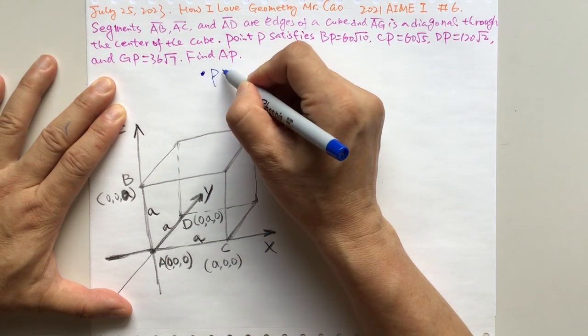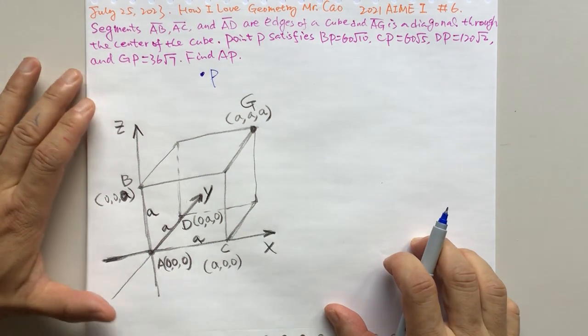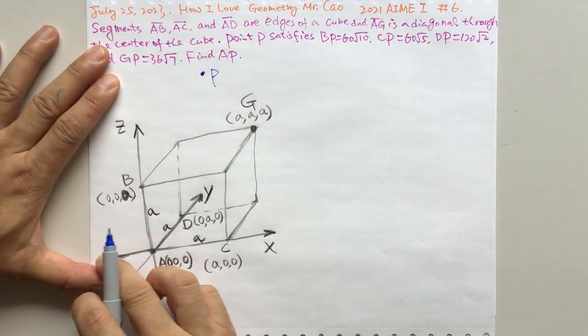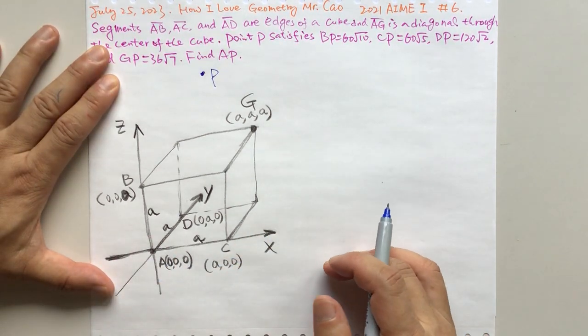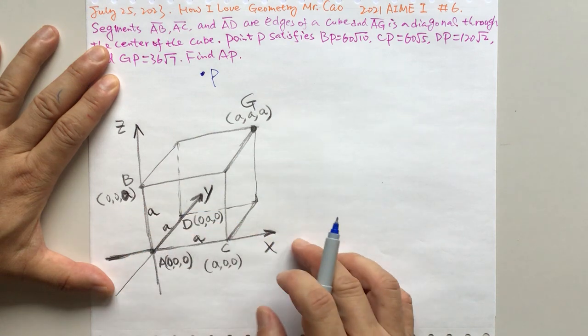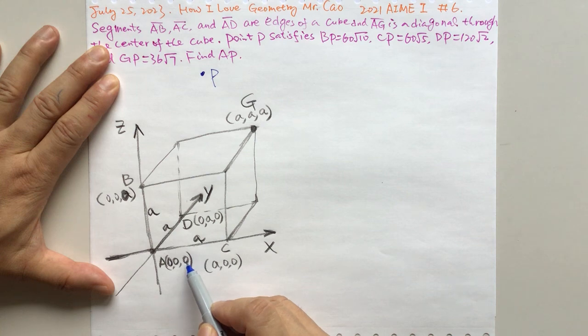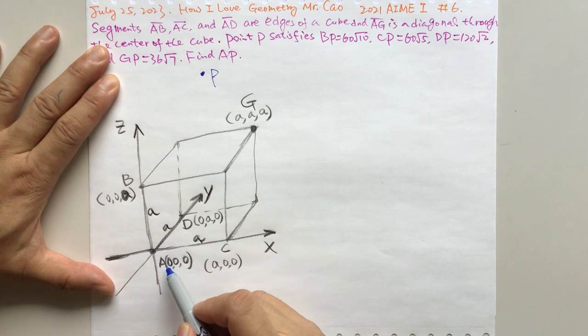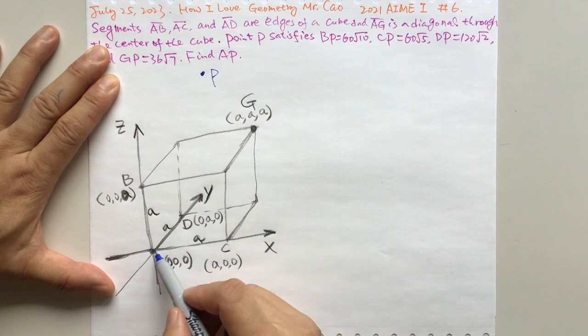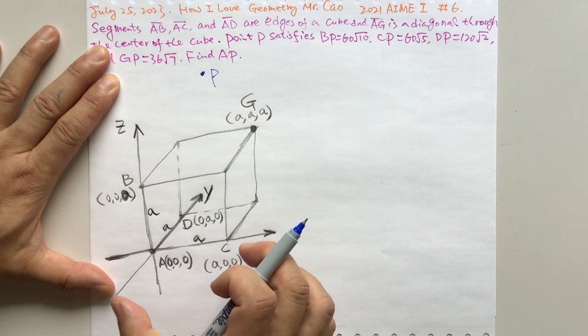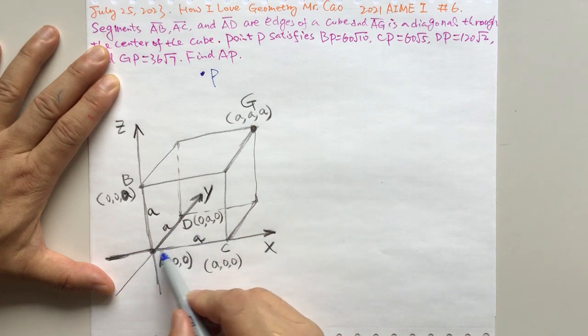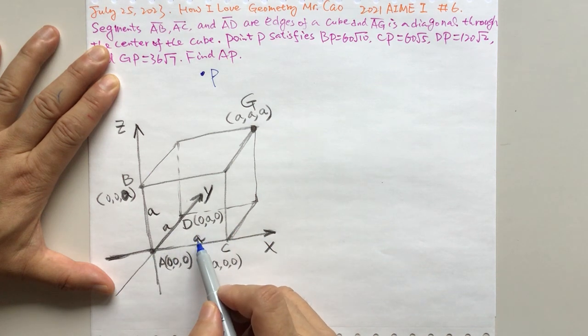Here I build a coordinate system for 3D: x coordinate, y coordinate, z coordinate. I select the origin at A, and let the edge length of the cube be a.